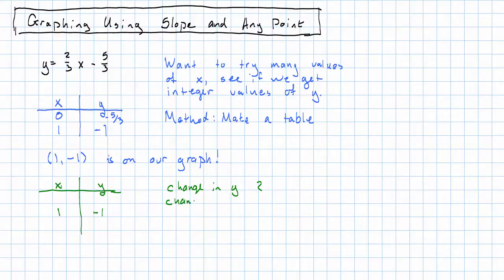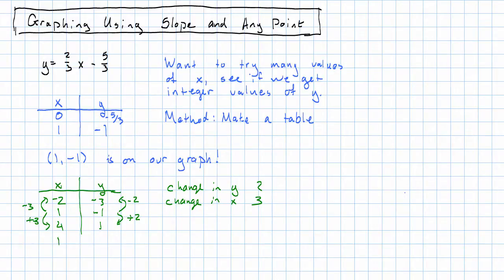The change in x is 3. So for our x's, we will add 3 and get 4, subtract 3 and get negative 2. For our y's, we will add 2 and get 1, subtract 2, get negative 3.